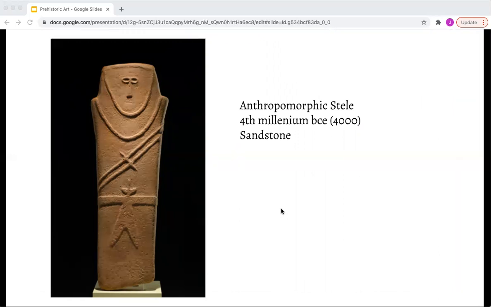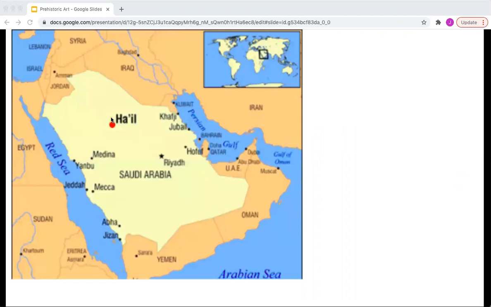This piece is about 3 feet in height. And it was found in a small village near Hyle in northwestern Saudi Arabia, which is right here.